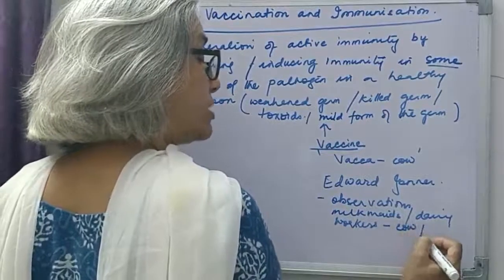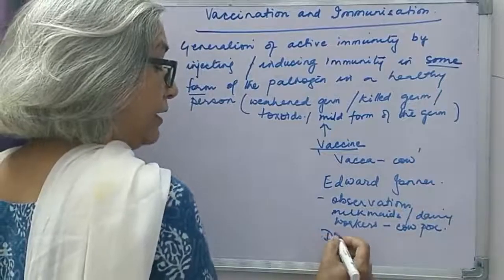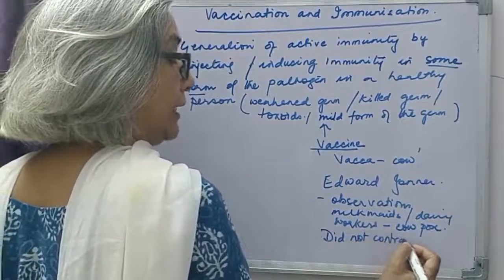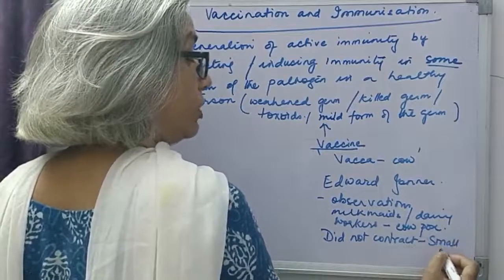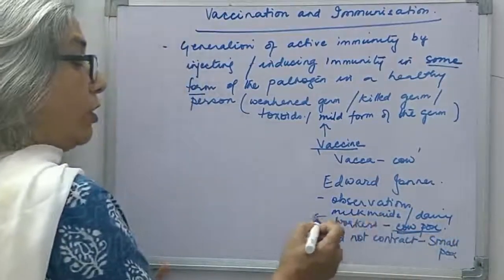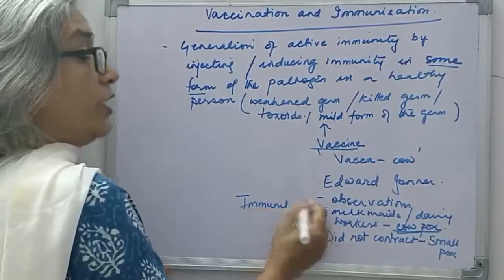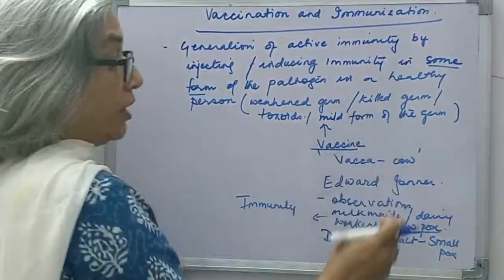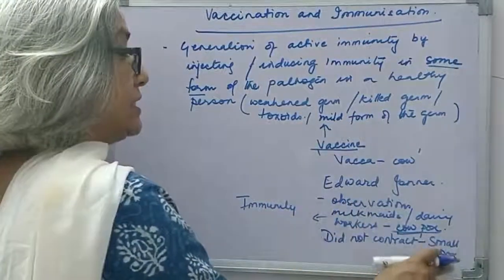They got the cowpox infection sometime in their life, and they did not contract the deadly disease smallpox, because the cowpox infection had already provided them immunity. So introduction of a mild form of the germ conferred resistance against a deadly disease.